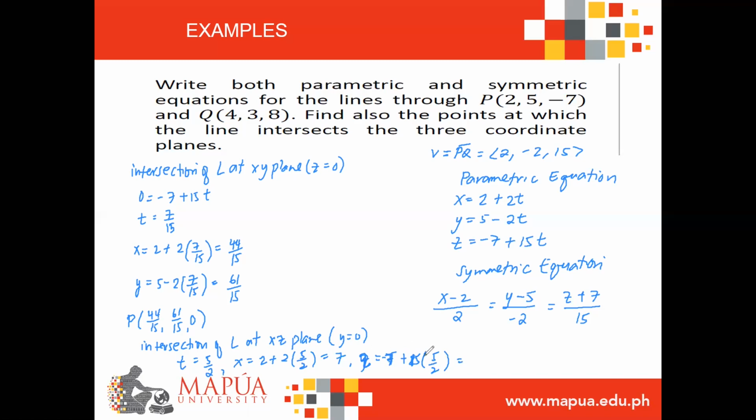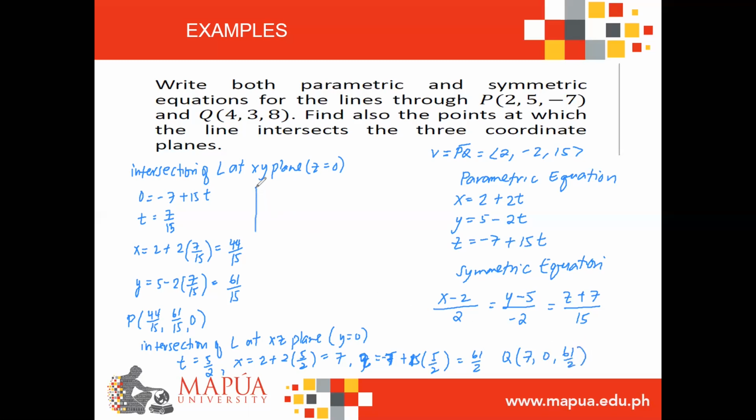So this negative 7 plus 15 times 5 halves, the answer is 61 over 2. So therefore, the intersection of your line L in the xz plane is, let's call this point Q, whose coordinates we have at 7, 0, and 61 over 2.